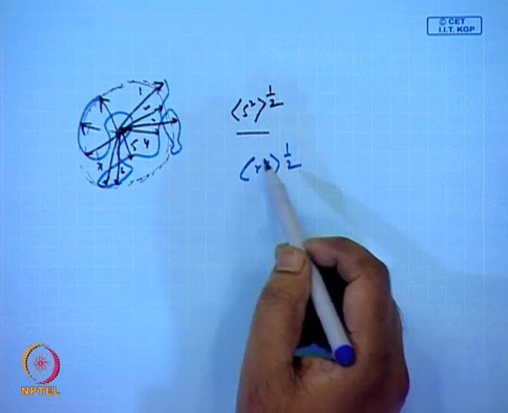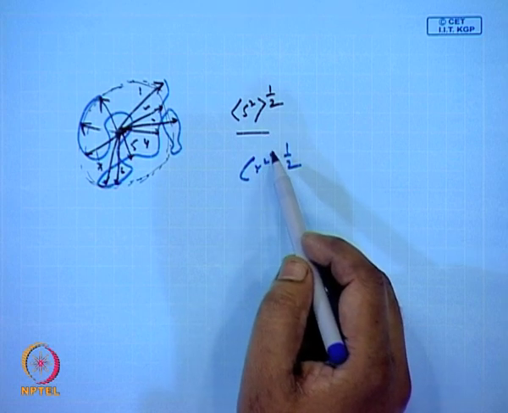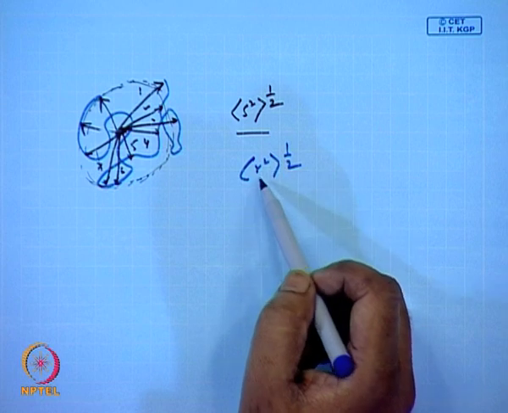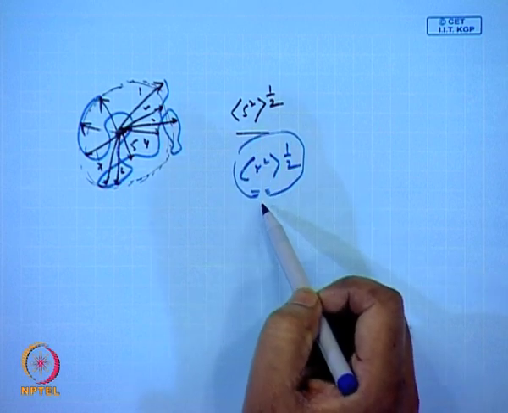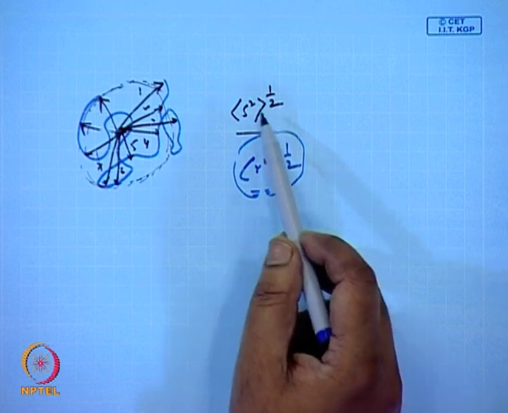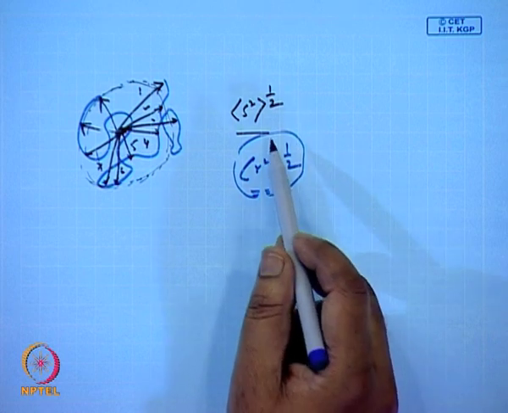If we can find one of them, we know that both are related mathematically, so you can easily find the other one. Now, we will mainly calculate or find information about this, and we will get the expression for it, and then find out the relation, how to get this.